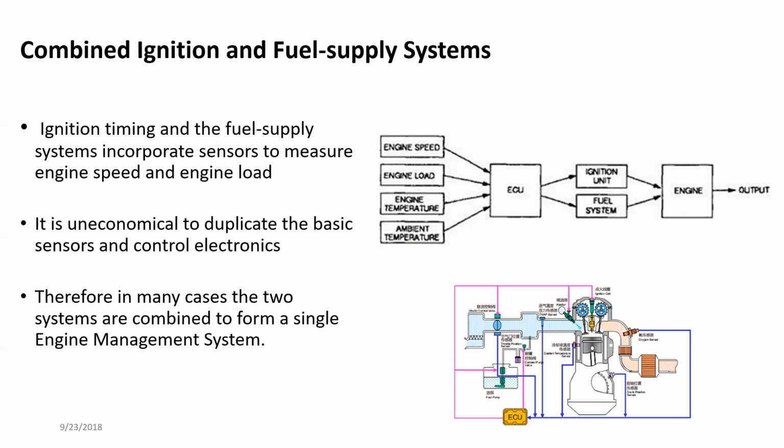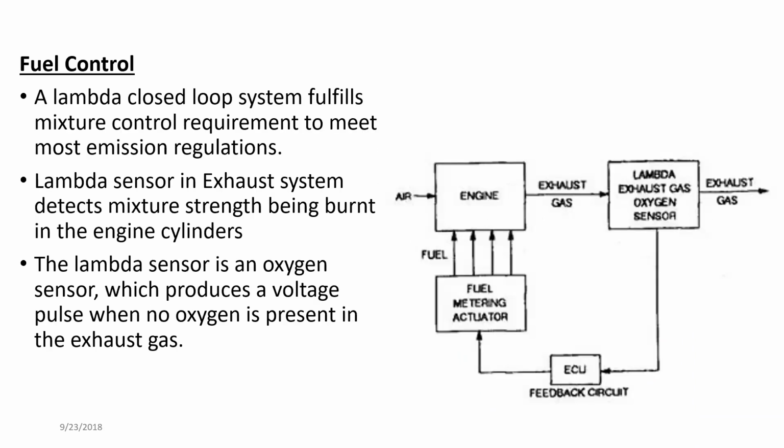So they utilize the same sensors and the same output from each sensor to find out the ignition angles and how much fuel has to be delivered into the engine. This whole combination of ignition and fuel supply system is the basis of the engine management system. So we'll start with the fuel control system.